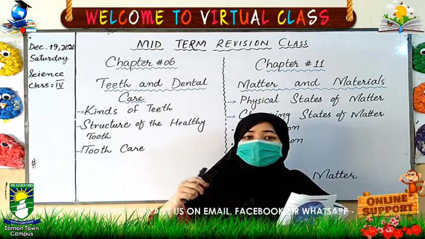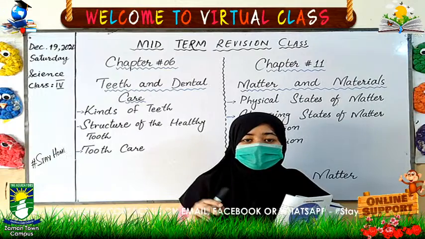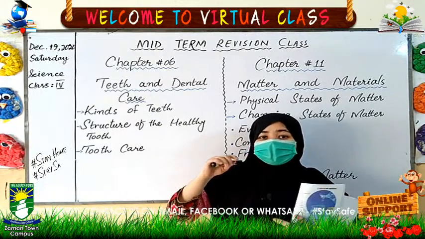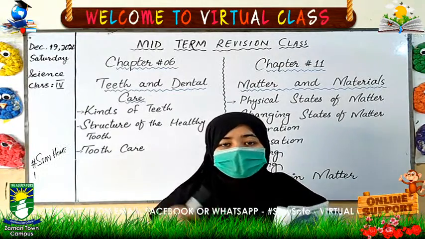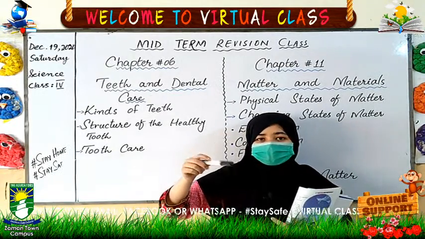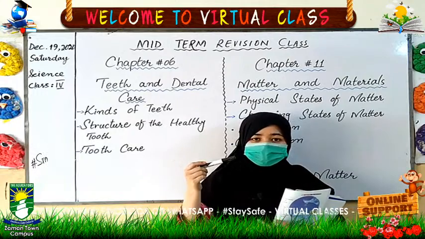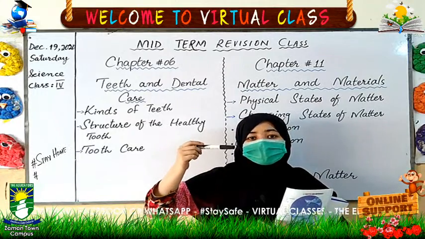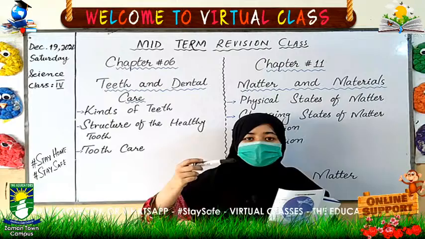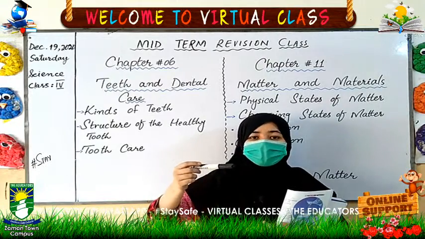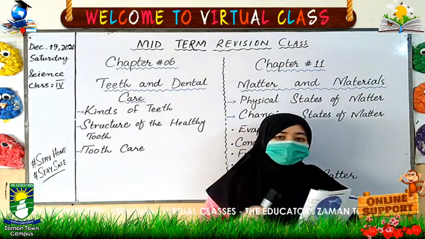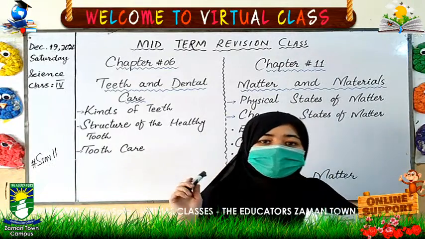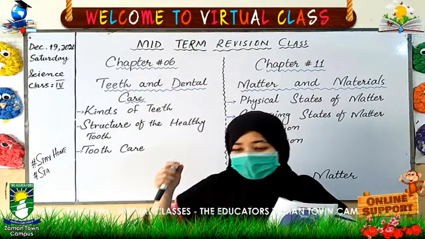Gas is invisible because we cannot see it. An example is the air that we inhale, oxygen, and the gas we exhale from our body is called carbon dioxide. So gas has no definite shape, no definite volume, but it has a mass.